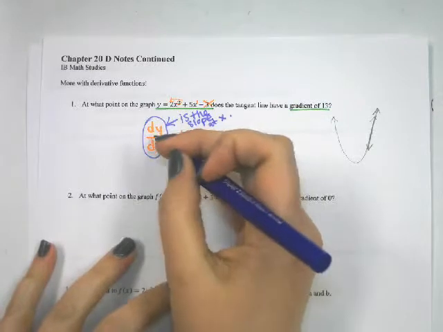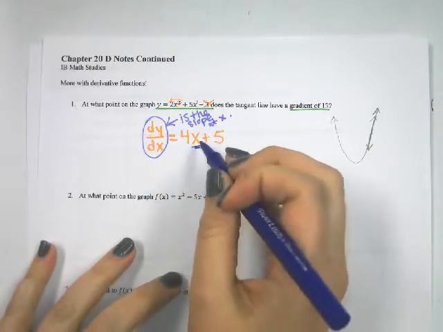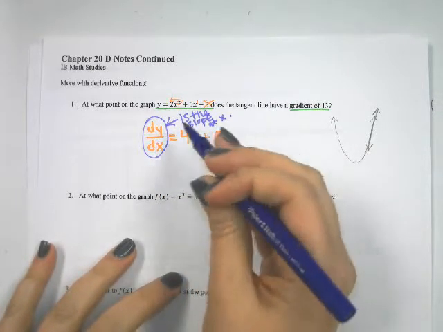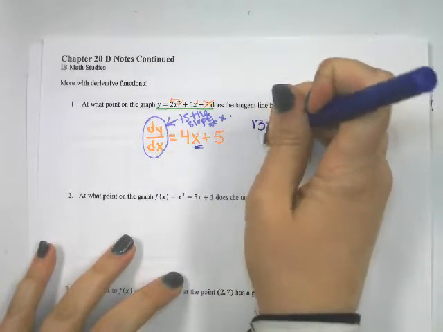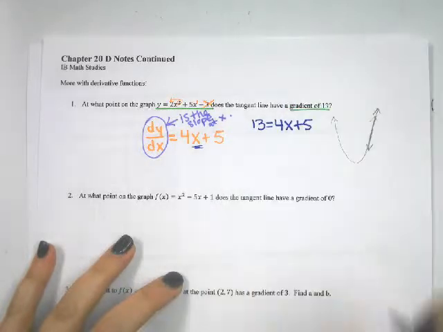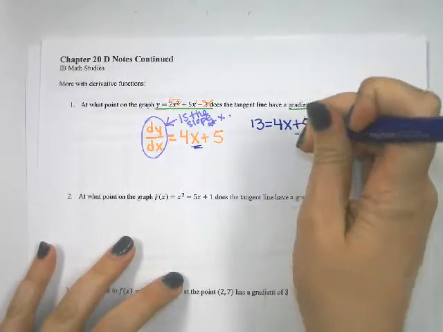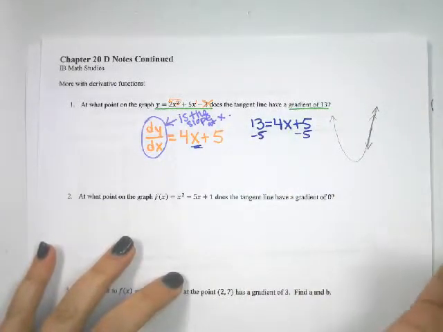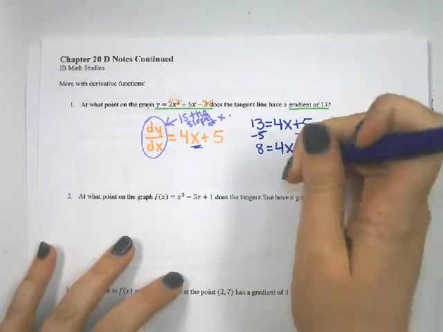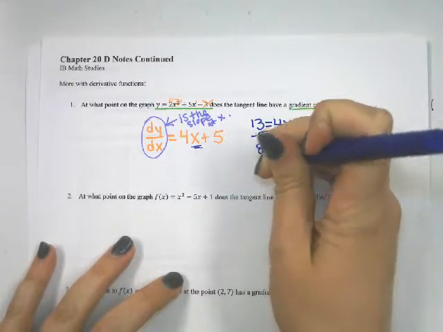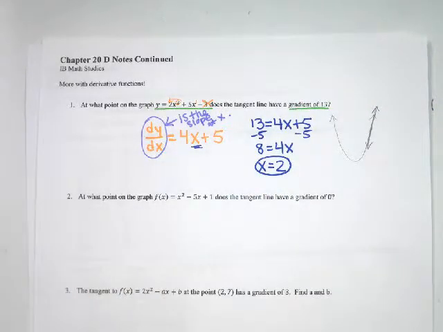This is the slope at the point x. We're looking for what point gives us a slope of 13. So I'm going to do 13 equals 4x plus 5. We'll solve for x. This is a quick linear equation. 13 minus 5 is 8. Divide by 4. x equals 2. So this is the x value of the point.